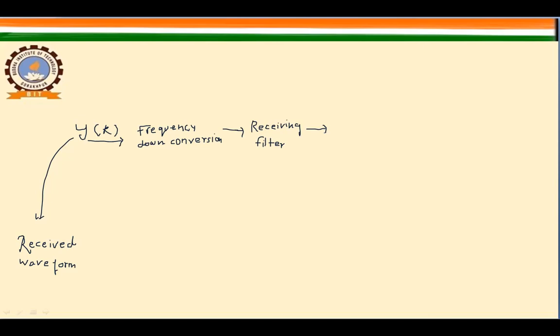So it is also passing from the receiving filter. But if there is any inter symbol interference, under such circumstances, the amplitude and the phase distortion is taking place, so we need an equalizing filter. So here we put the equalizing filter.